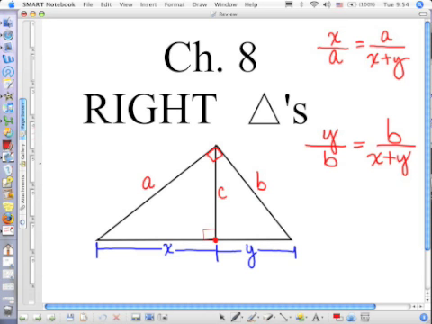And then the altitude itself, which is located inside the right triangle, that is the geometric mean between the two pieces that it breaks the hypotenuse into.